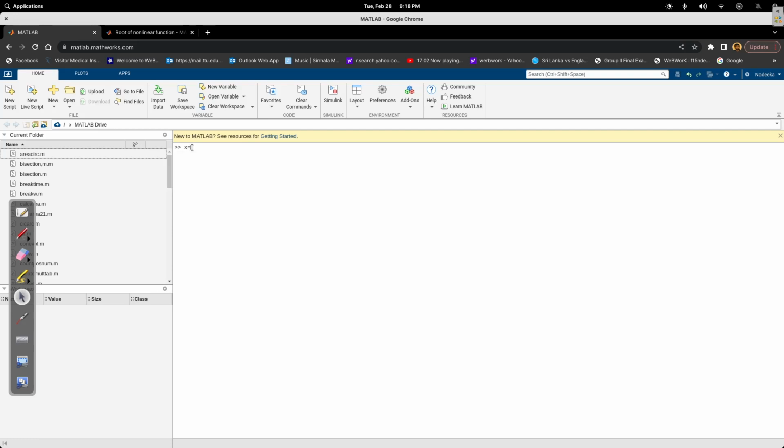So I will use linspace. I'm going to draw the function between 0 and 8. I'll use 600 points. So here first I'm plotting the function to find the approximated root.